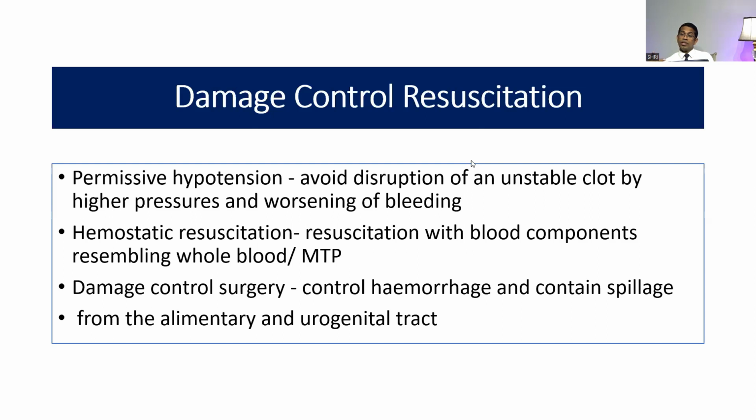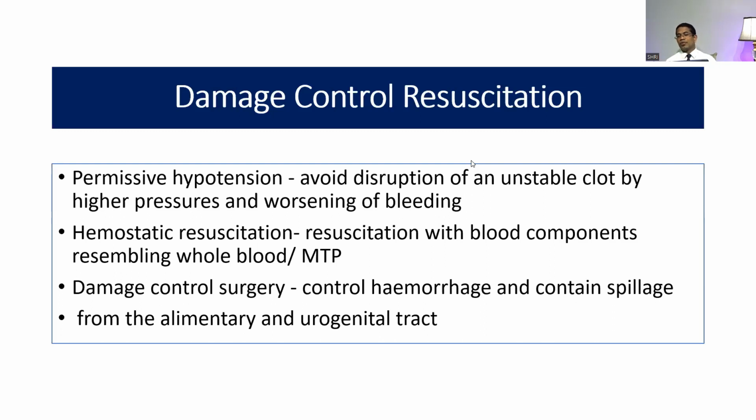You are going to give some fluid and blood, and you want to maintain a significant blood pressure, with a target of 100. By giving that significant volume, the already formed unstable clot might dislodge because of the higher pressure. That is the main aim of permissive hypotension: to avoid disruption of the unstable clot by higher pressure.